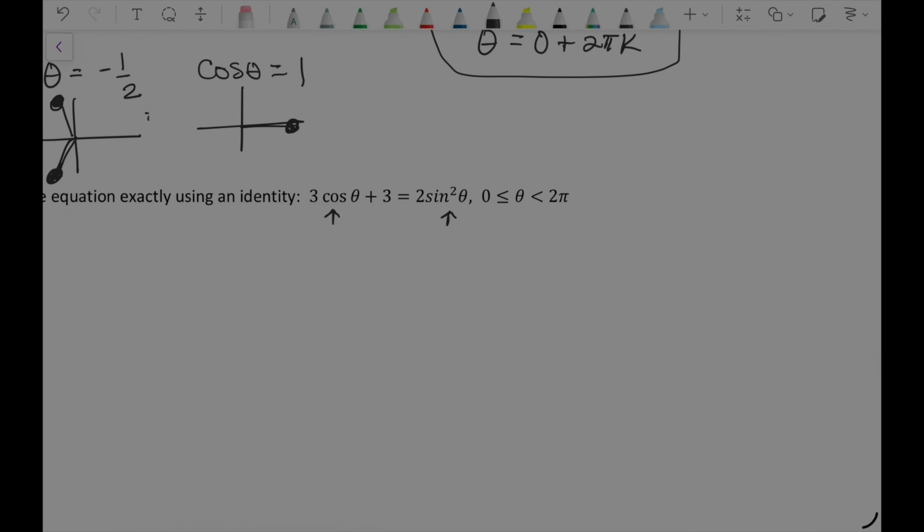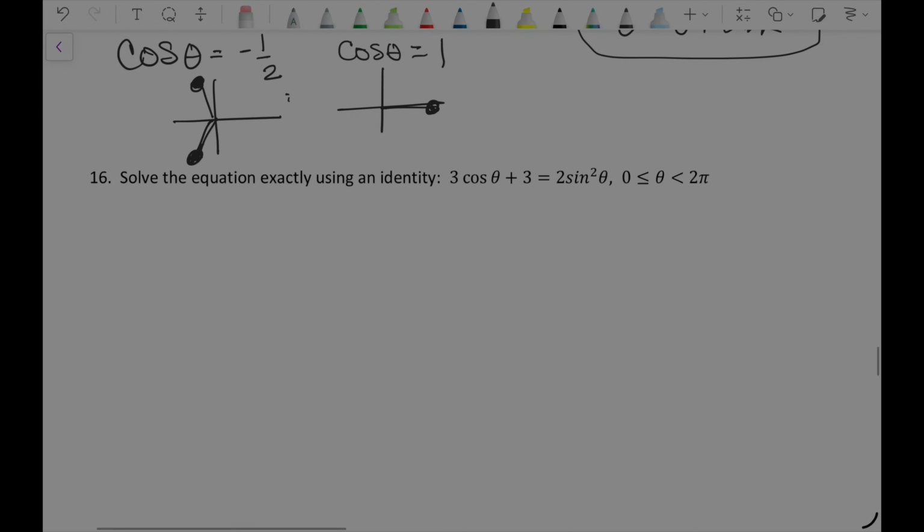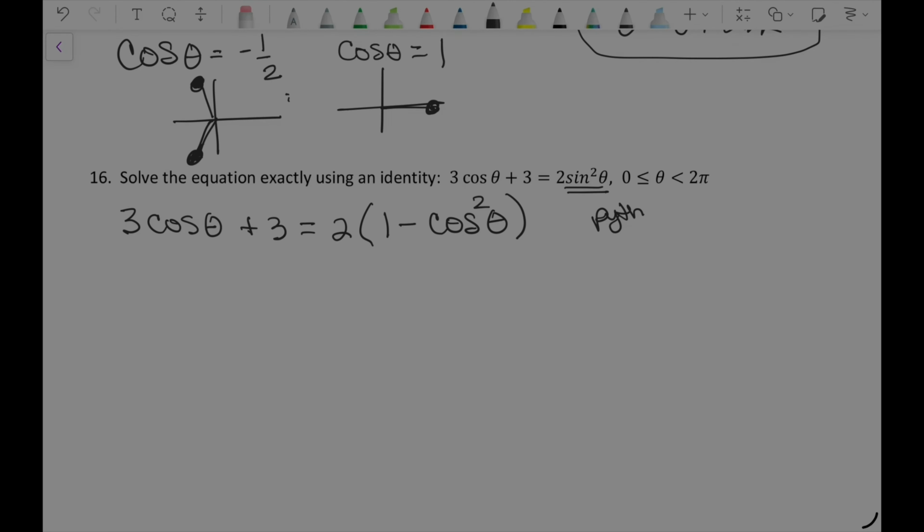So I have a plan. 3 cosine theta plus 3 equals 2 times, and instead of sine theta squared, we're going to go 1 minus cosine of theta squared using Pythagorean identity. Okay? Now, a little bit of cleanup.